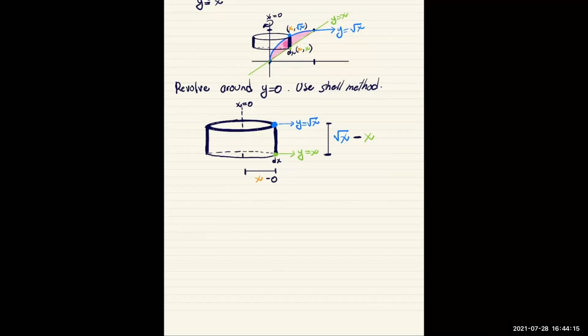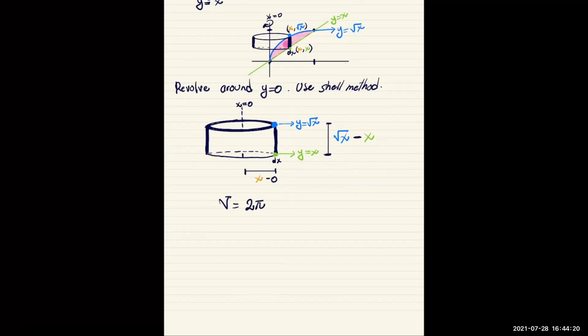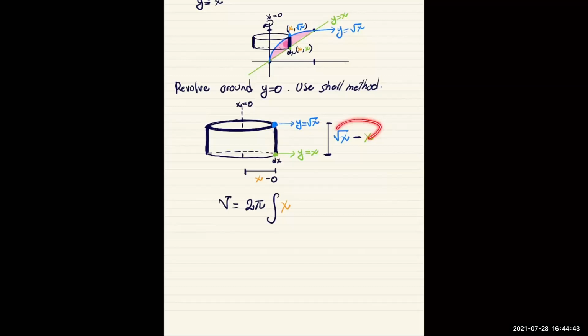Okay, so the volume integral is equal to 2 pi times the radius, which is just x, or x minus 0. And that, by the way, goes in the integral. So 2 pi x, again, the 2 pi x is the circumference of the shell, times the height. And the height is root x minus x.